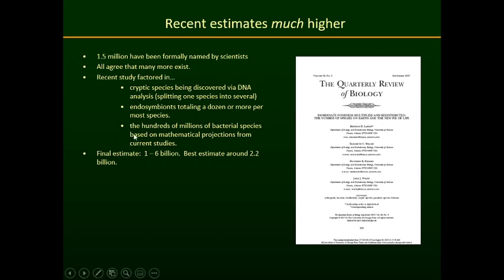And the average of all their models as they ran them through, because they don't know which one would be most accurate, when no one will know that for a long time. But their best estimate is that there's about 2.2 billion with a B species on the planet, and they also indicated that they thought that was probably pretty conservative.